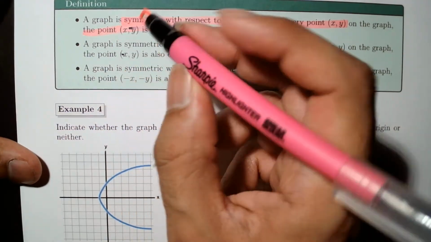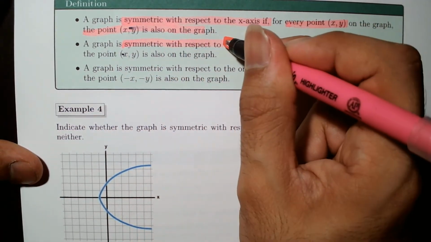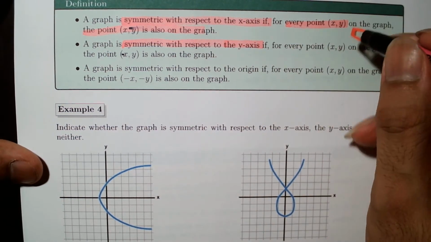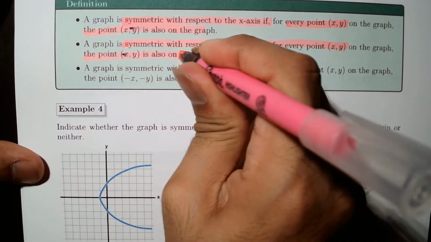In a very similar way, a graph is symmetric with respect to the y-axis if for every point x, y, the point negative x, right?